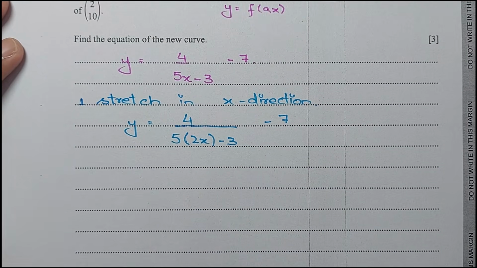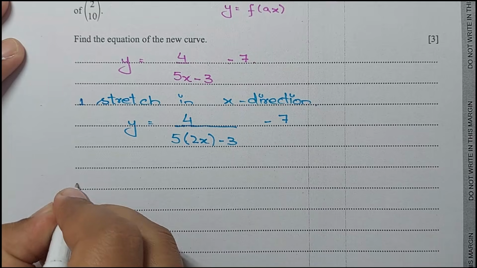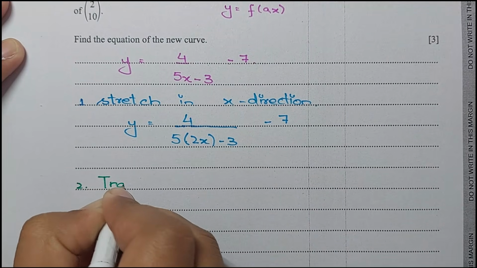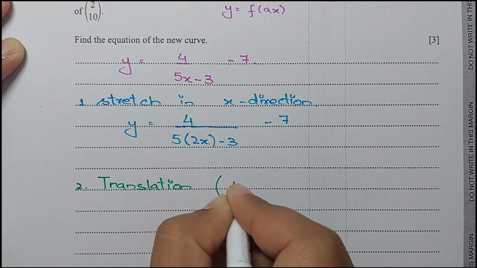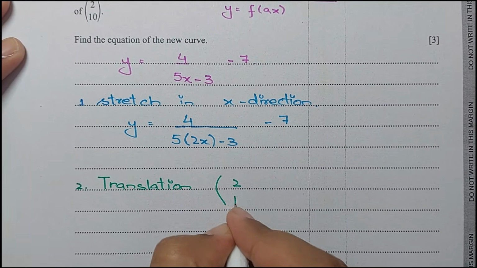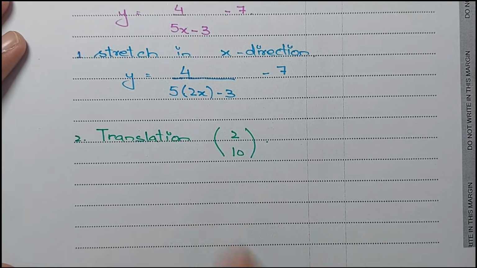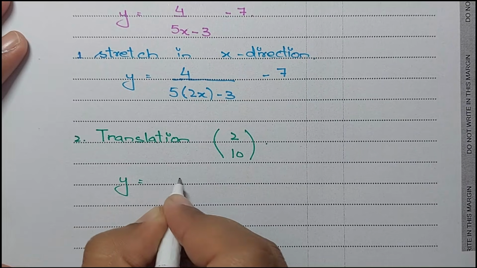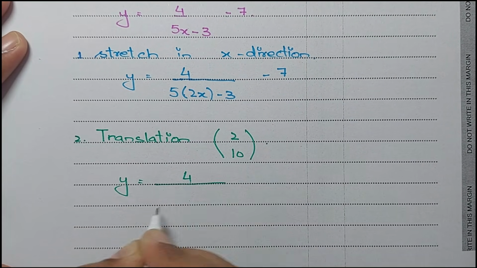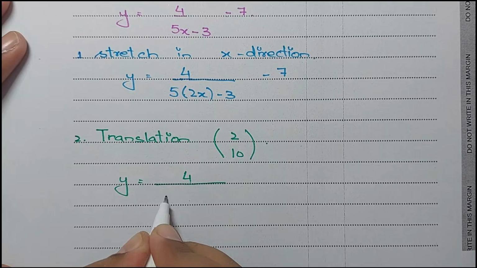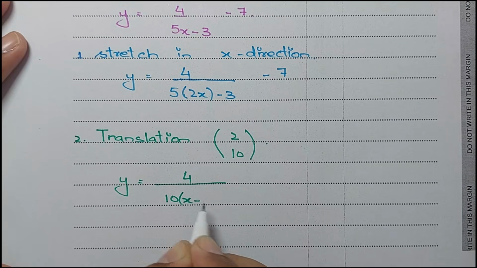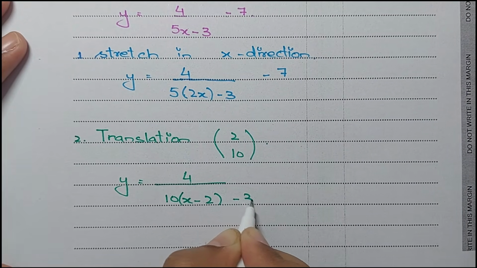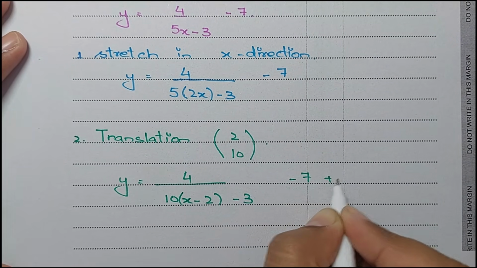Now the second transformation we have to apply is a translation. When you do a translation, 2 is the horizontal translation and 10 is the vertical translation. So the curve is y equals 4 divided by 5 times 2, which is 10, x, and x is multiplying with minus 2, minus 3 is outside, minus 7 and plus 10.